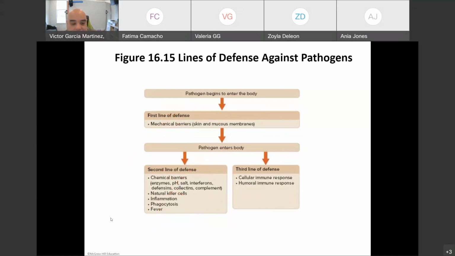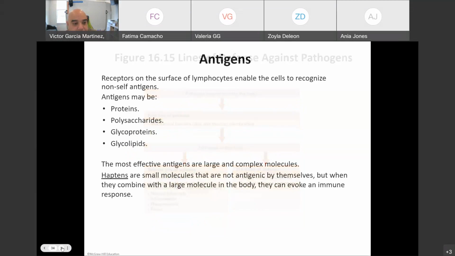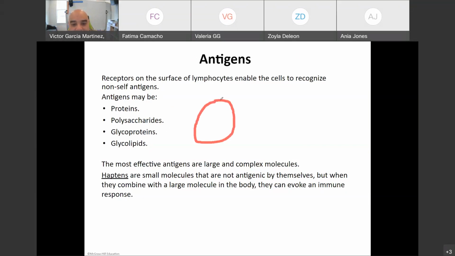Let's see what else we have here, guys. An antigen could be any protein, any polysaccharide, any glycoprotein, any glycolipid. It shouldn't be a whole germ, just a small part of a germ. For example, usually bacteria have on the surface some specific proteins or glycolipids or glycoproteins.